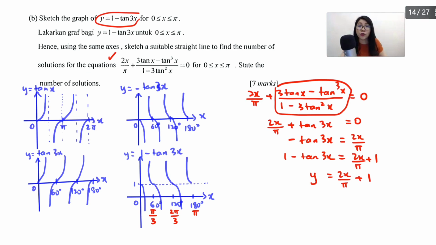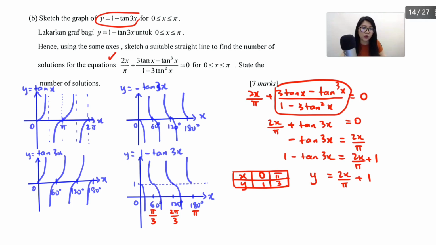After that, to draw this straight line, we need to have 2 coordinates. Okay, so I'm going to find what the 2 coordinates are. Let's say this is x, this is y. Okay, so when x is 0, y is 1. And when x is pi, so pi over pi we can cancel, so we get 3. So this is pi, and this is 3.